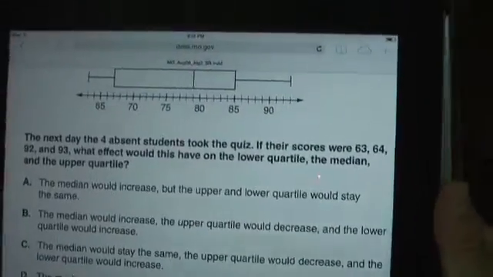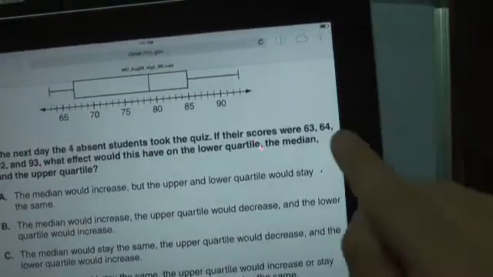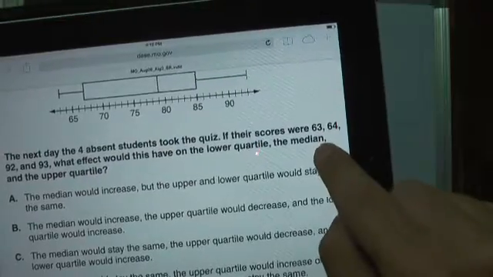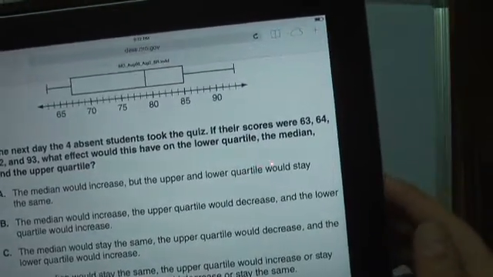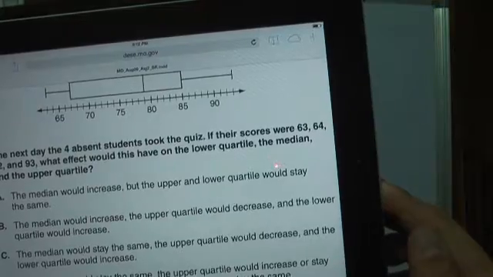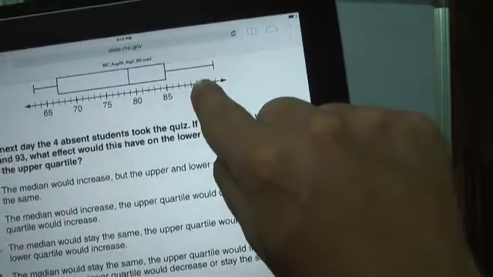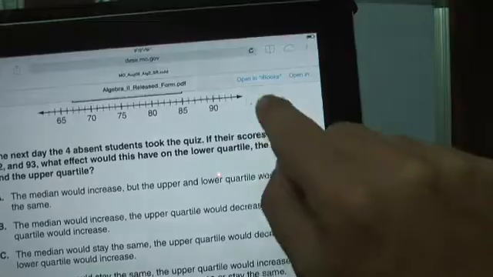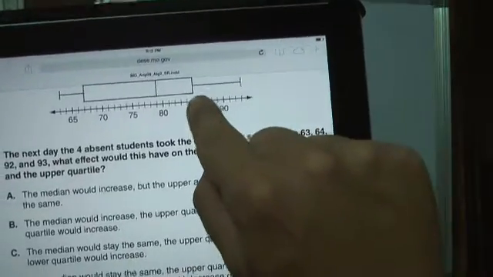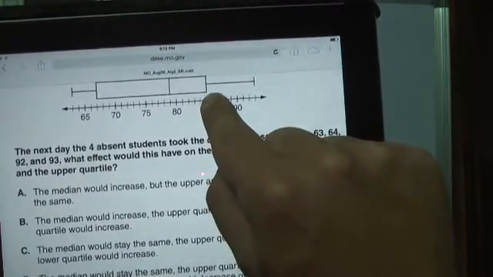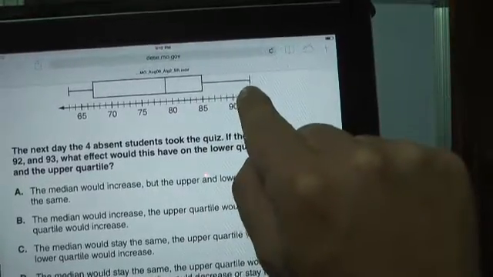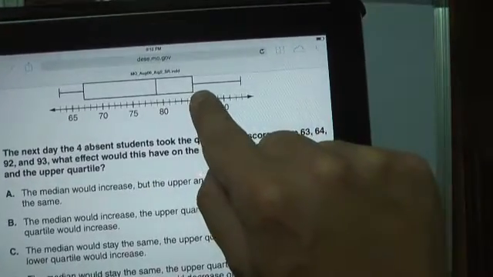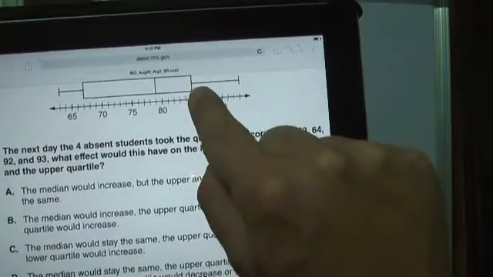So do the quartiles change? Well, the scores are going to be 63, 64, 92, and 93. 92 and 93 are over here, which means this median, whoops, don't touch it, Mr. Quarter. This score here, if this is the upper quartile and you have scores being added that are higher than that, this upper quartile is going to increase, because you now have 2 scores higher than that quartile.